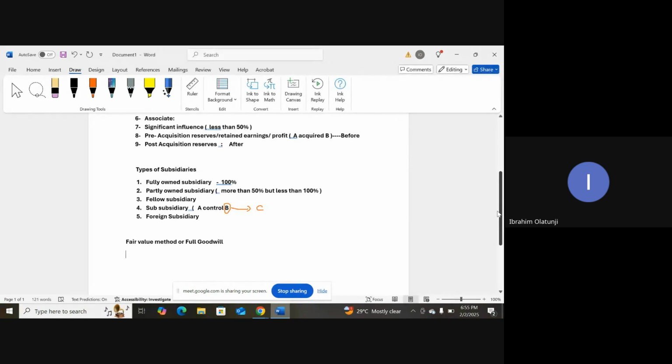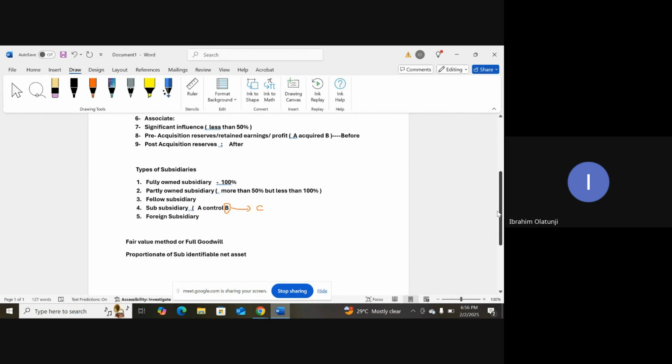Number two is proportionate. Sorry, spelling. Proportionate of subsidiary identifiable net asset.